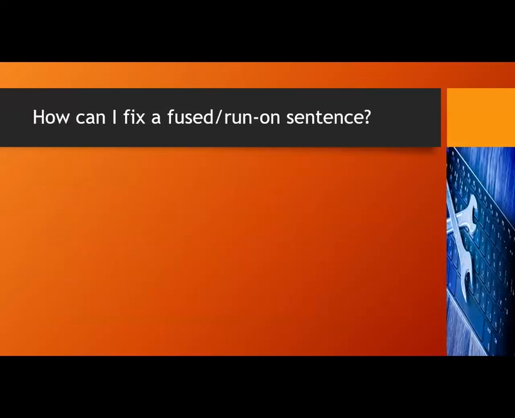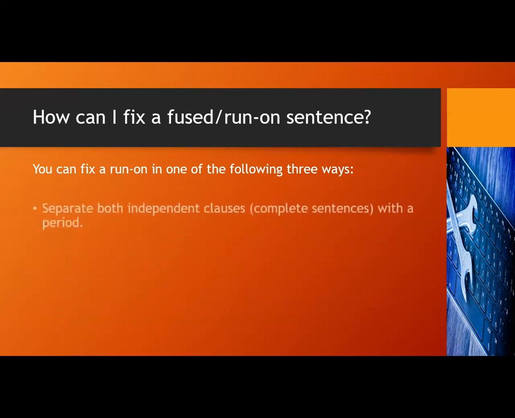So, what can you do to fix a run-on sentence? There are three ways that you can fix a run-on sentence, and the HESI might choose any one of them. First, you could separate both independent clauses, or complete sentences, with a period.